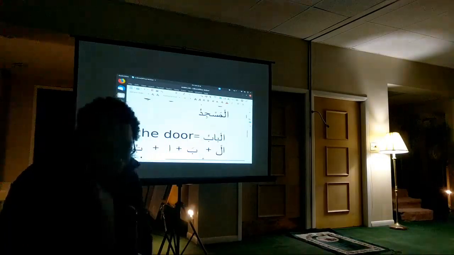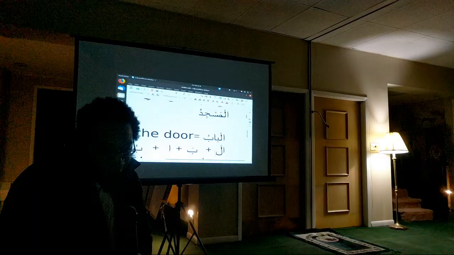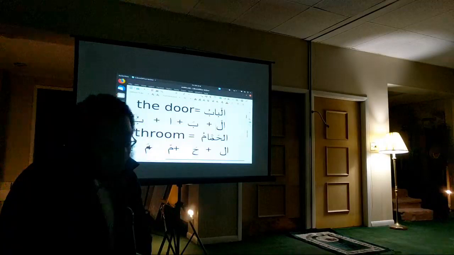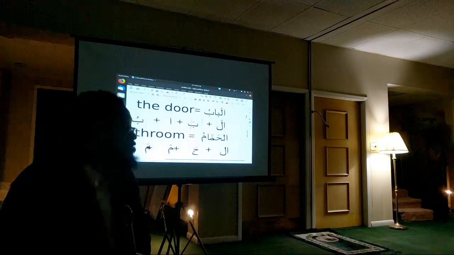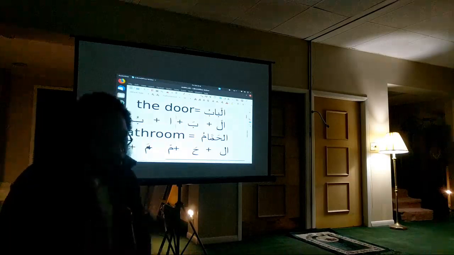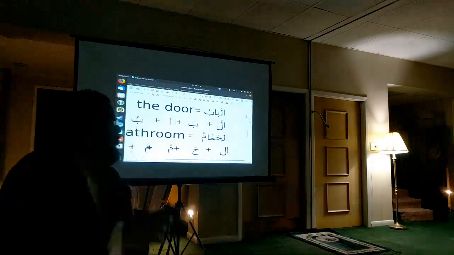So how do we write the door? We have the alif and lam here, al. Then we have the ba with a fatha, ba. Then we have the alif, so ba. And then we have another ba with a mark we haven't studied yet.